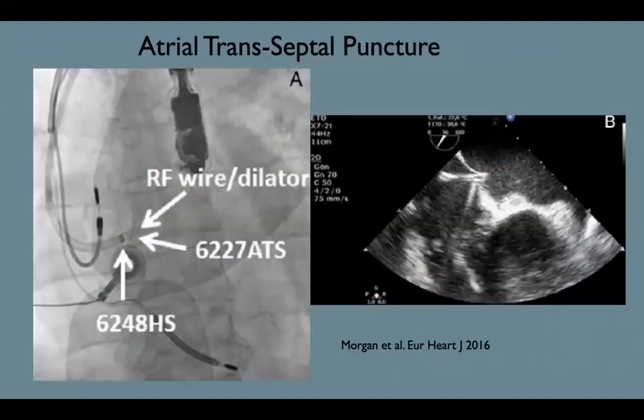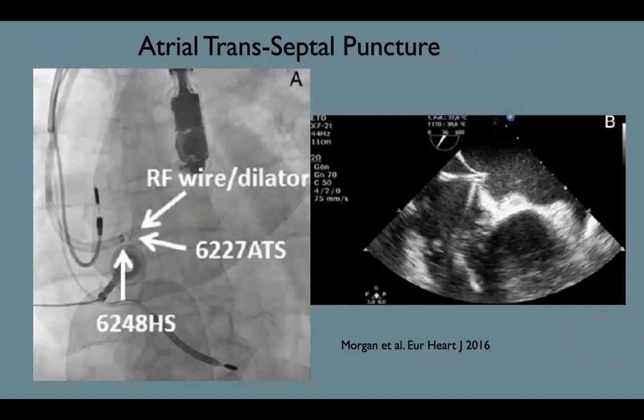It's a little more complicated to do, though, in terms of getting to the left ventricular endocardium. You have to go trans-septal, either in the atrium, and other investigators have done trans-septal in the ventricle, but most go through the atrium.